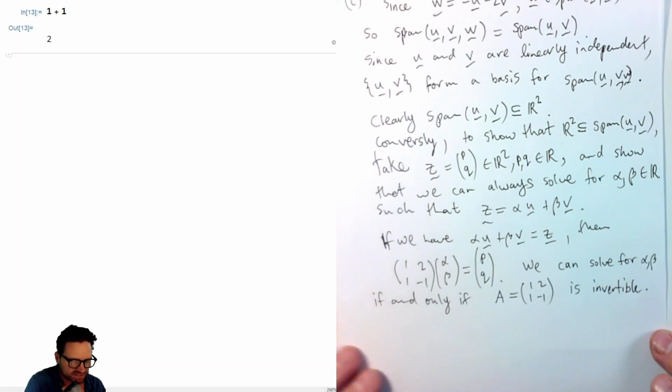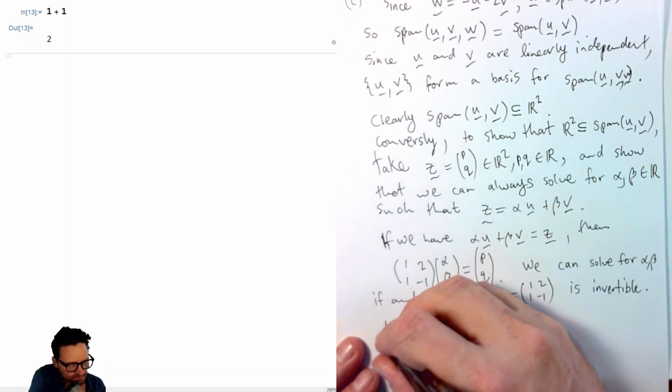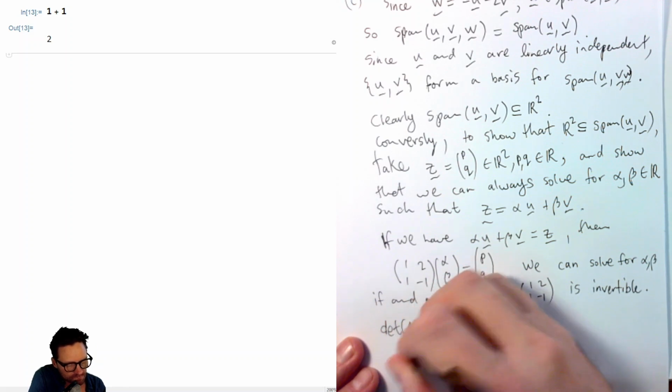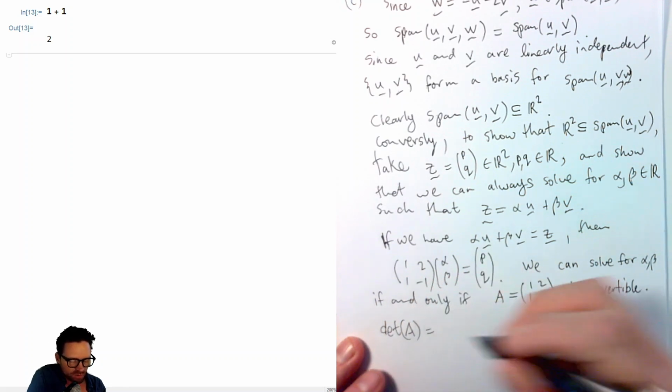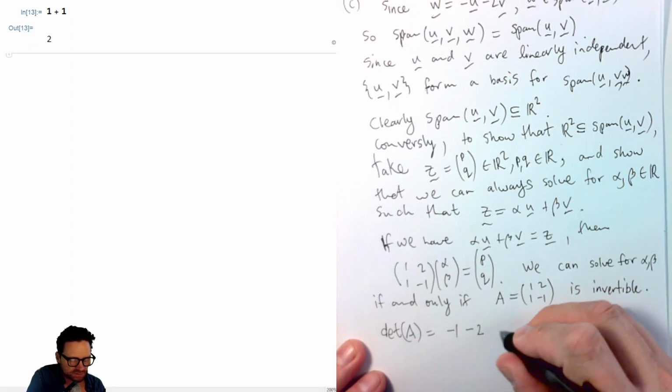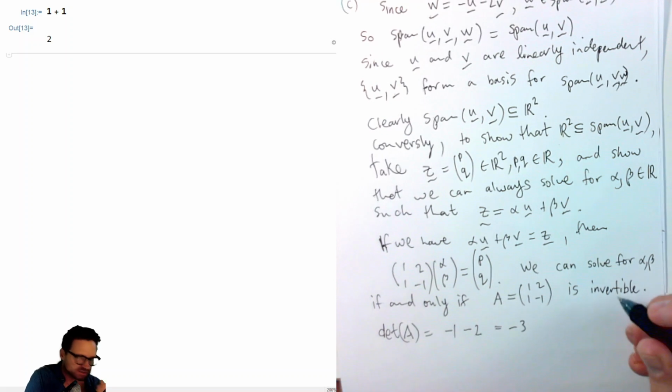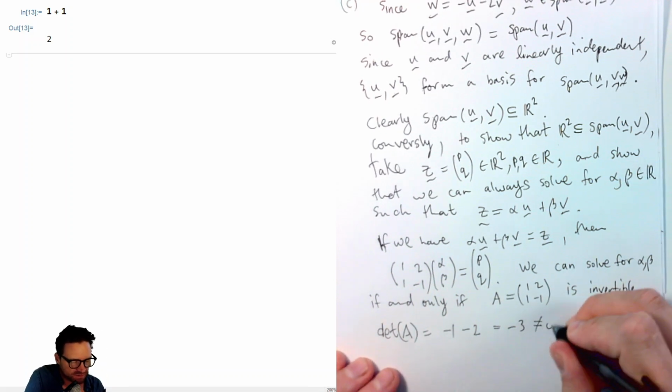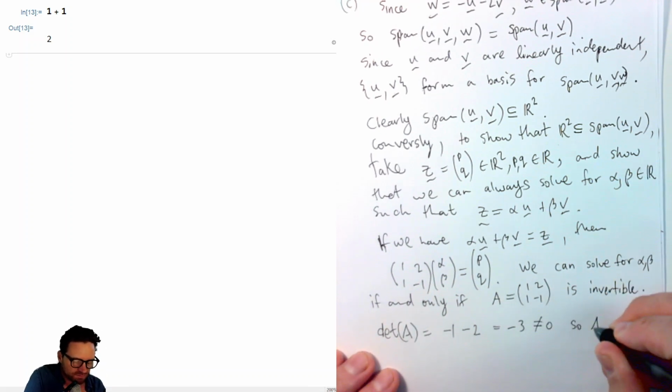Okay, so let's take its determinant. We have 1 times minus 1 is minus 1, and then minus 2 times 1 is minus 2. So we have minus 3 as our determinant. This determinant is non-zero, so A inverse exists.